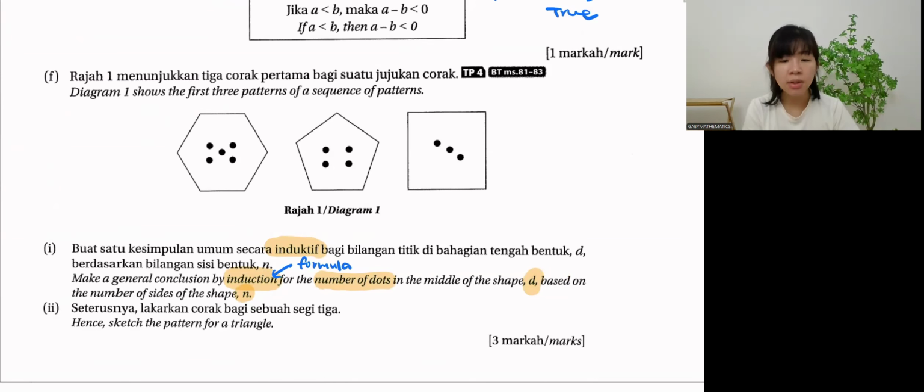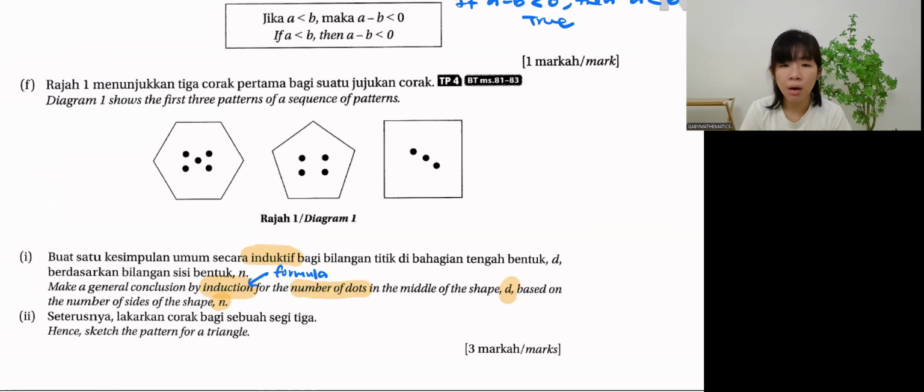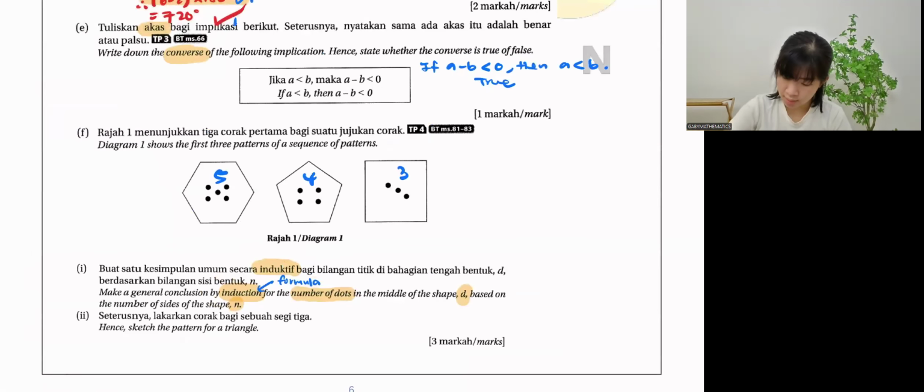Induction means you have to write a general conclusion, meaning a formula, something very general. I want to form a formula for the dots here. We have 5 dots, 4 dots, 3 dots. So what is the formula you can think of?